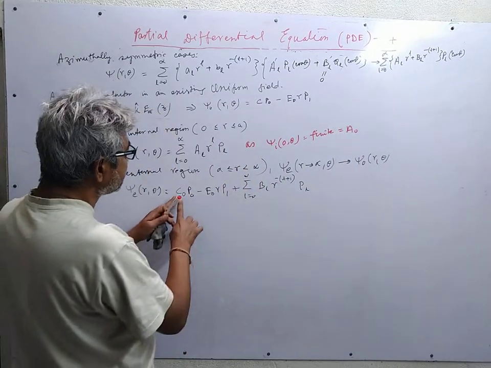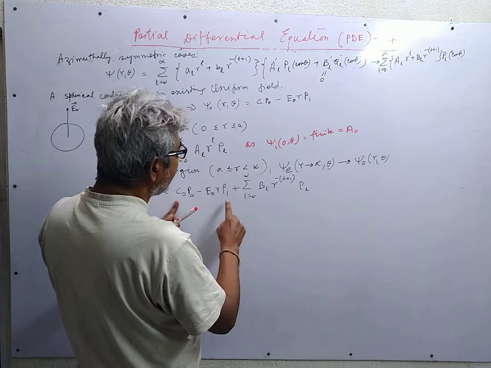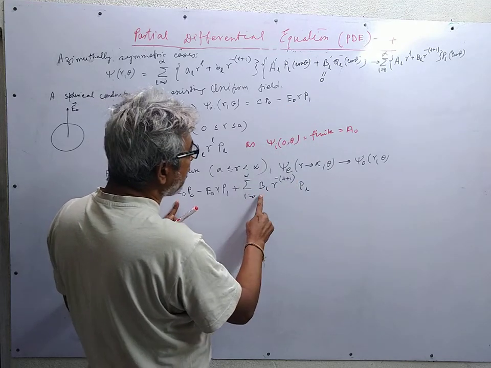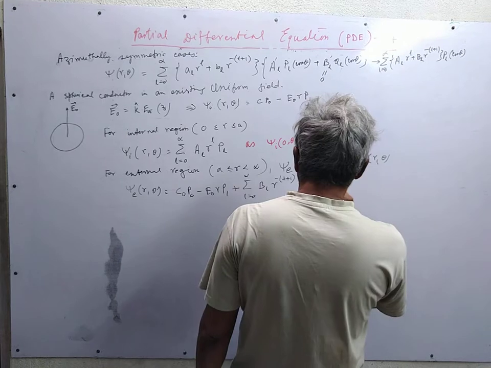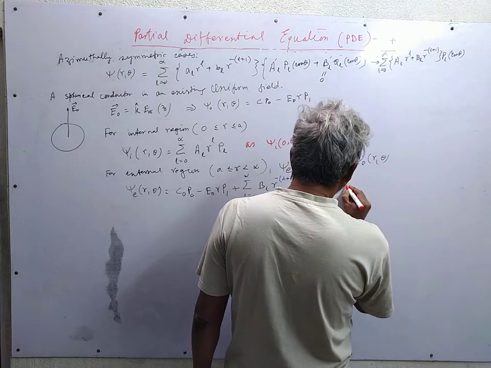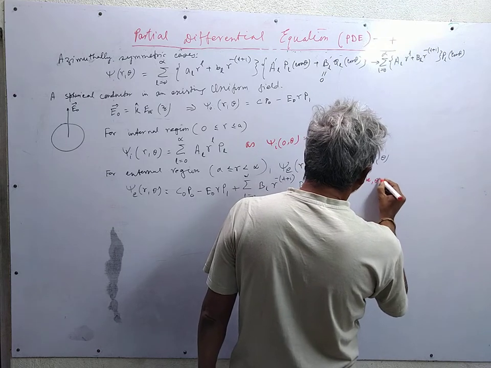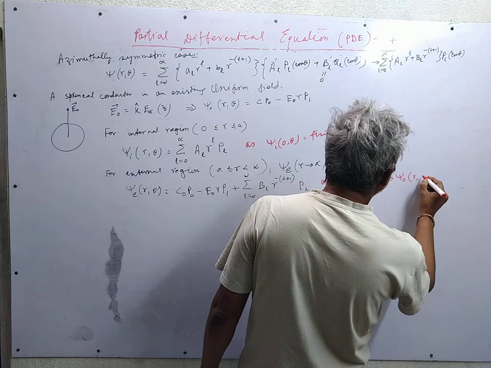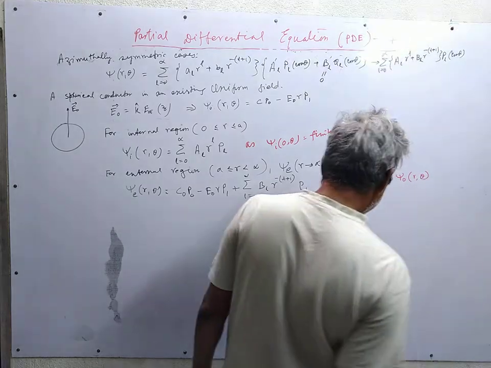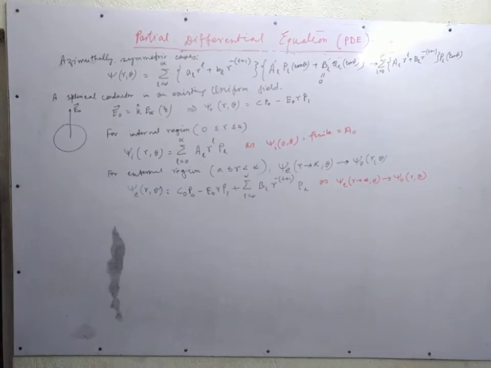So A0 is C and A1 is minus E0, and all other A's are 0 but all B's are there. So this is the solution.